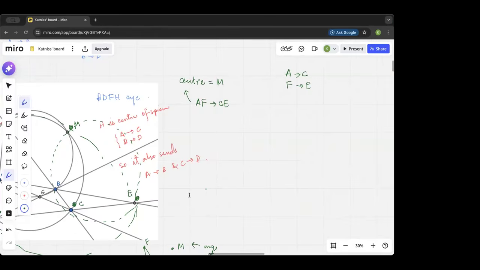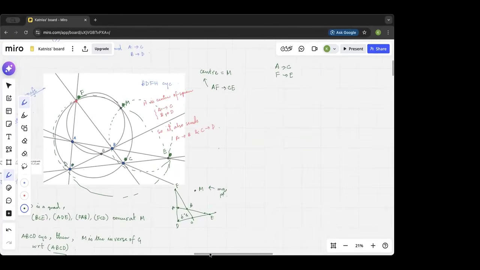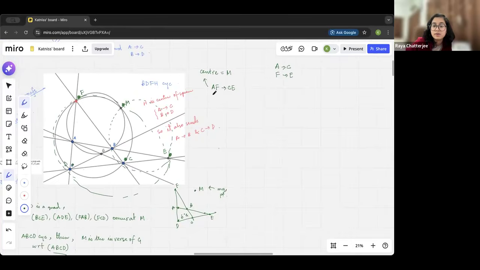What were the points again? FC and AE. Perfect, yes. So in the particular order that you would want to say, here A goes to F, C goes to E. So AC goes to FE.